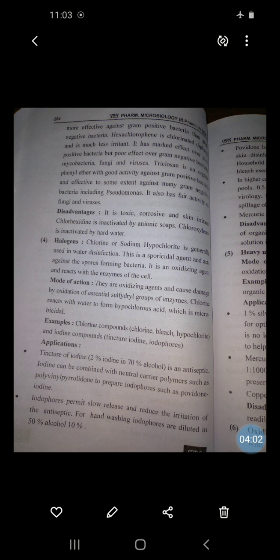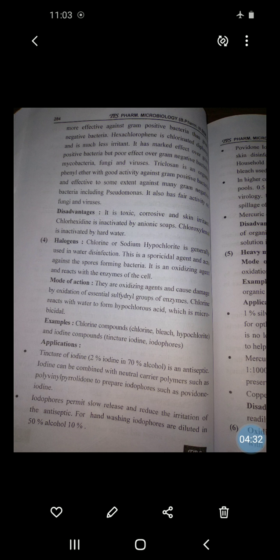Regarding the mode of action, the heavy metals act by precipitation of protein and oxidation of sulfhydryl groups, and they are bacteriostatic. Examples of heavy metals: mercury chloride, silver nitrate, copper sulfate, and organic mercuric salts.